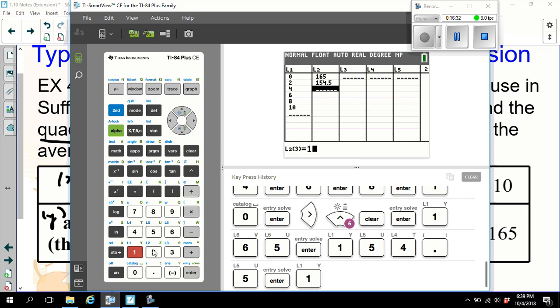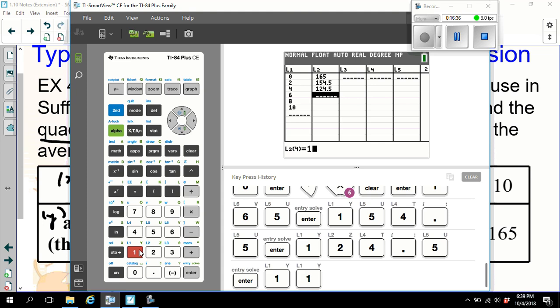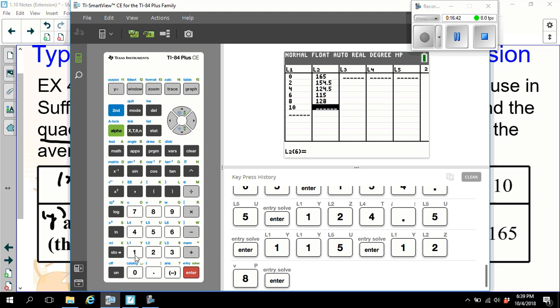Then 124.5, 115, 128, and 165. Now make sure the numbers in list 1 are the same amount as the numbers in list 2. So they end at the same spot, so we're good to go.